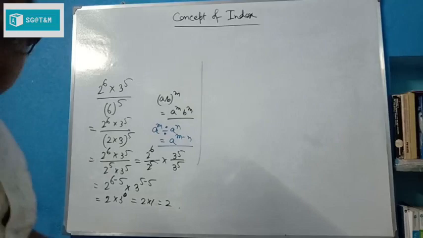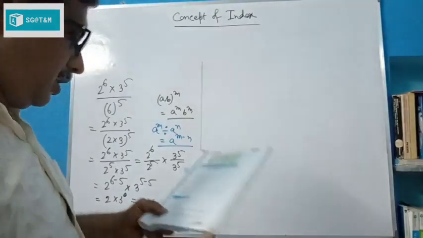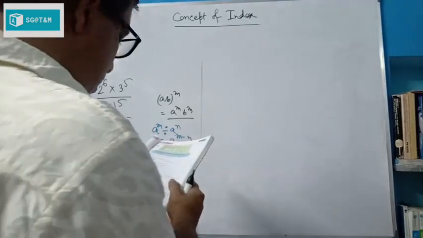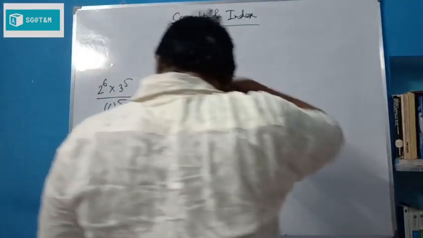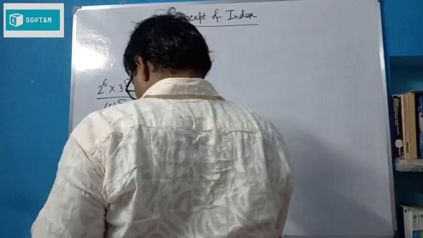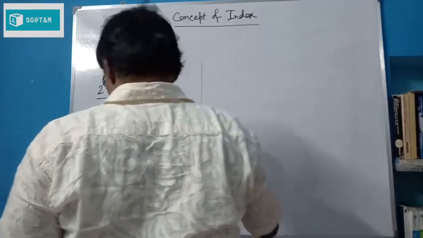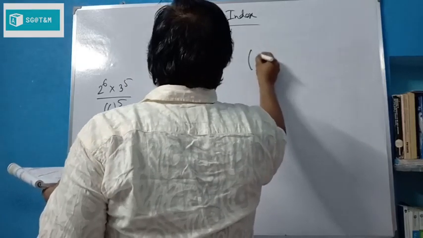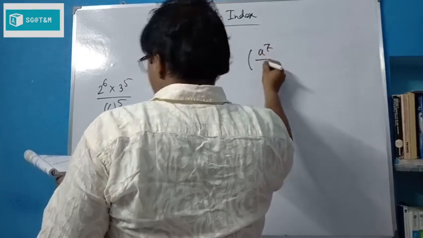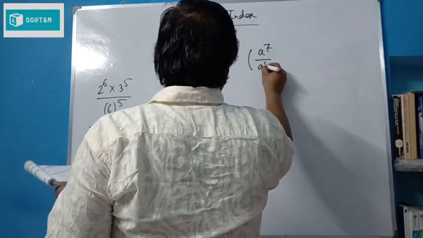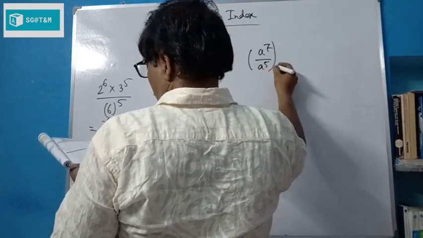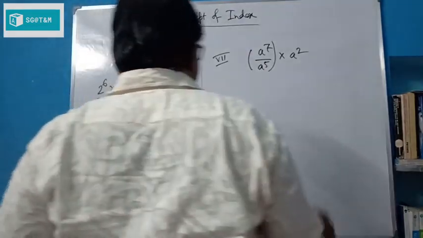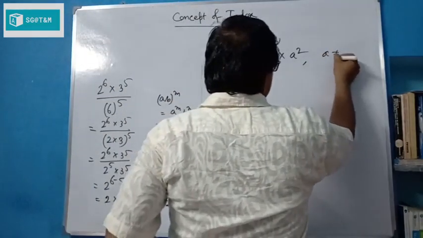Next, another one, say problem number 7, a to the power 7 by a to the power 5 whole into a to the power 2, where a is non-zero, given a not equal to 0.